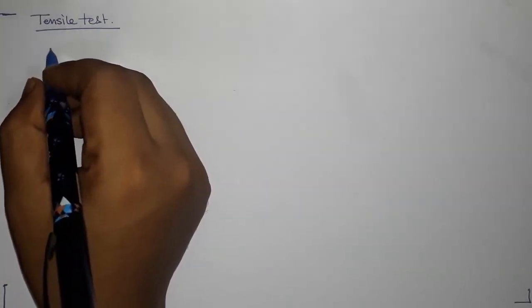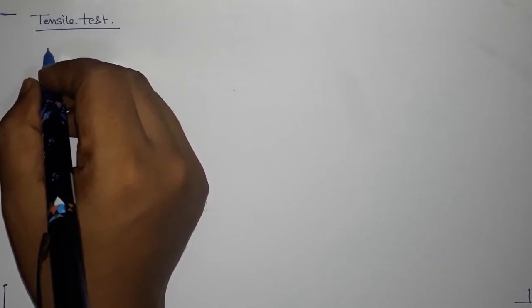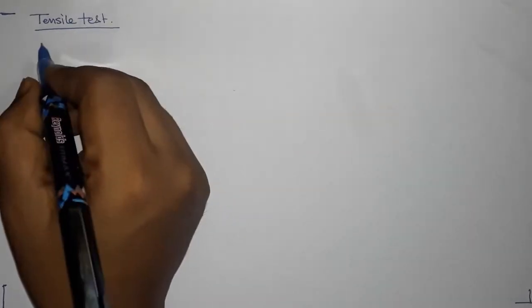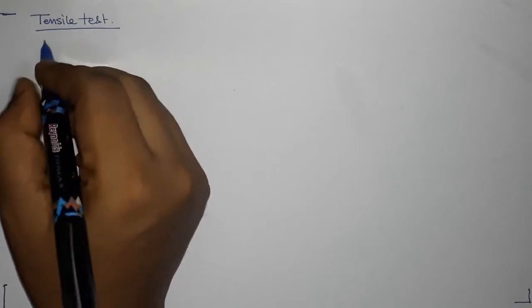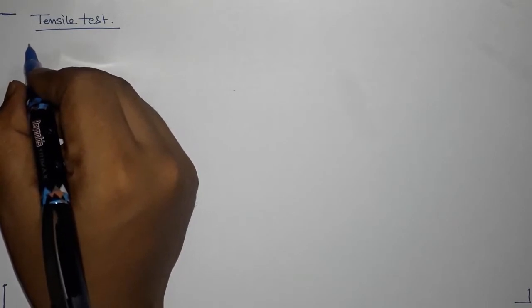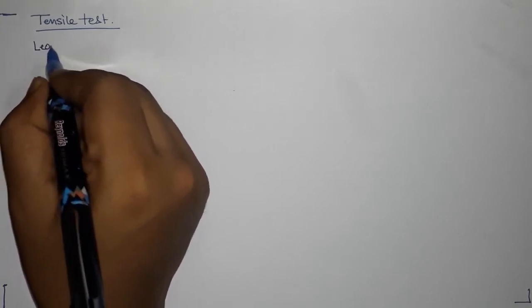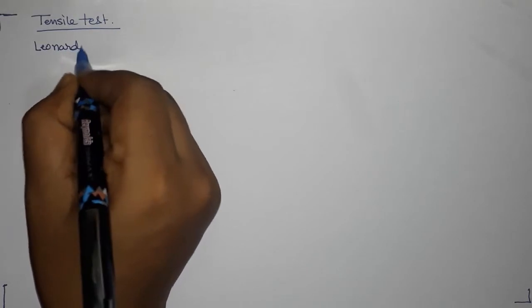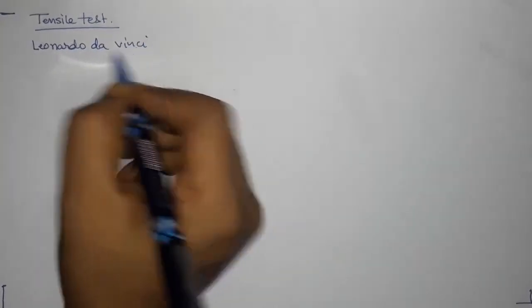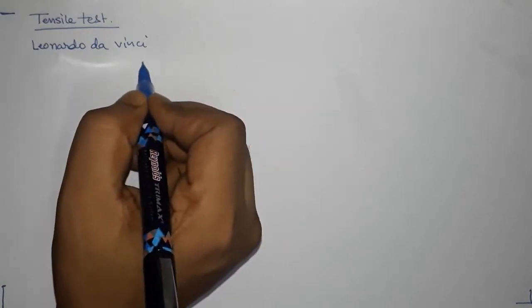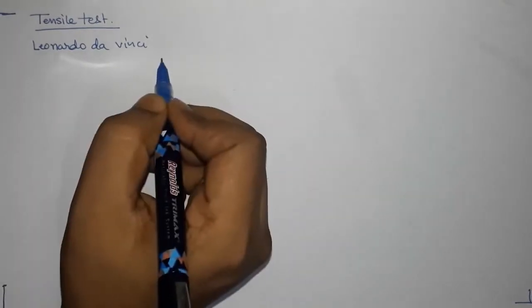It is not known how old the method of tensile testing is, but one of the old proofs which is obtained is in one of the notebooks of Leonardo da Vinci, and you can find that image of tensile testing just by searching on the internet, and you will get a lot of information and also some research articles on the same topic.